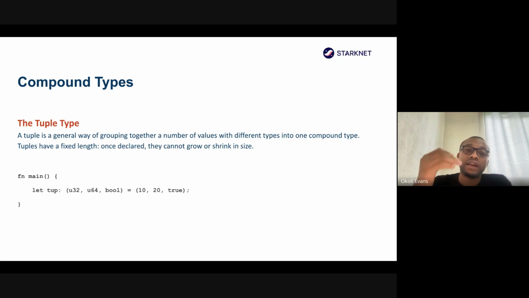So a tuple is a general way of grouping together a number of values with different types. It must not be one type. If you look at the sample you have here, this is U32, this is U64, and this is a Boolean. So many different types can be contained in a tuple, and it can contain more than 2, 3, 4 elements.